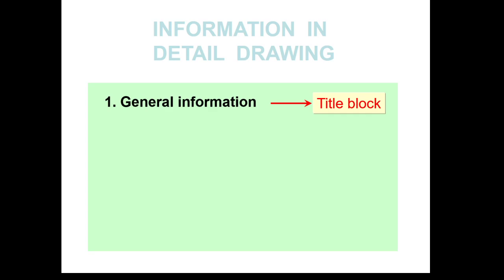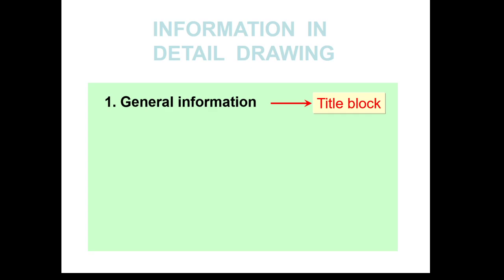Here, we'll say that on a detailed drawing sheet, we have the title block to provide general information. What is the name of the responsible company? Who is the designer? Who is the technician, drafter? Who is the associate engineer? What is the drawing scale?